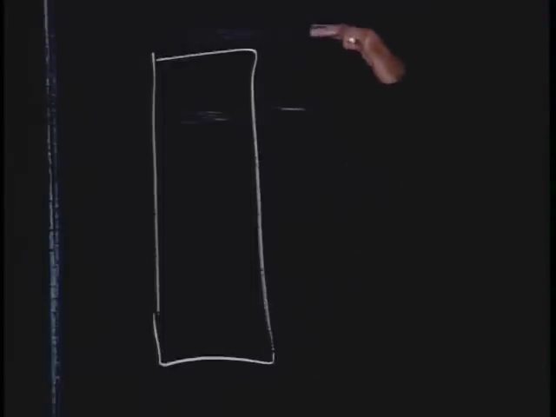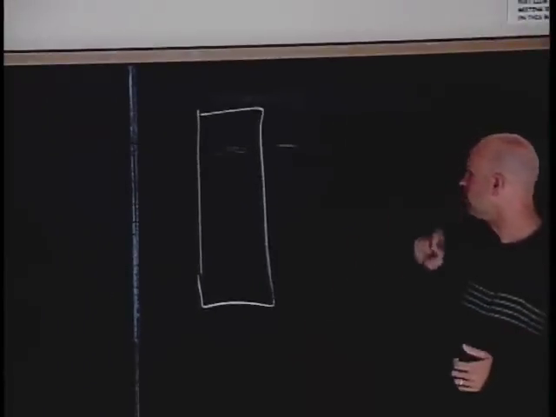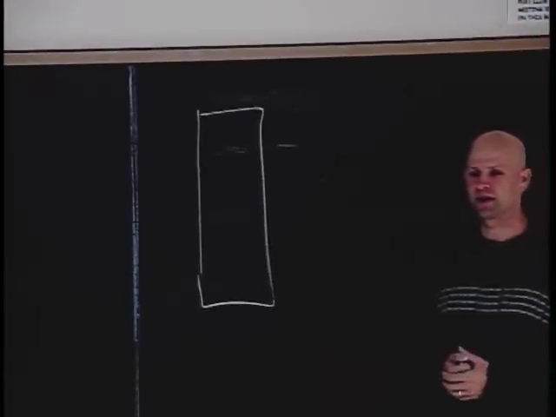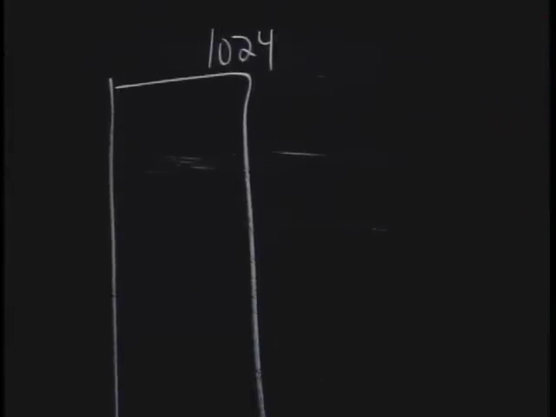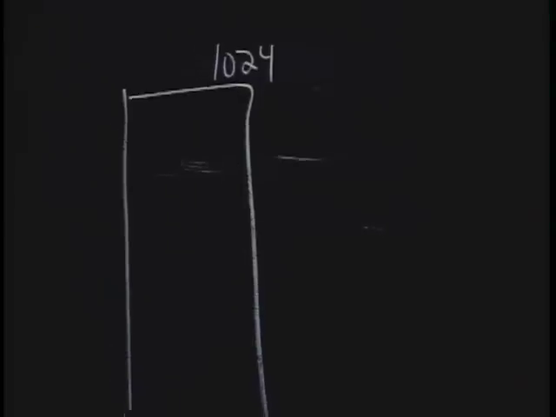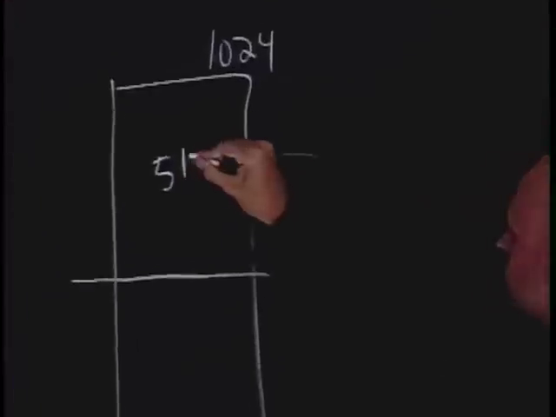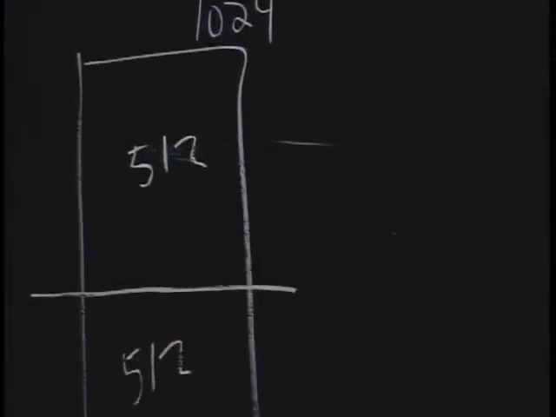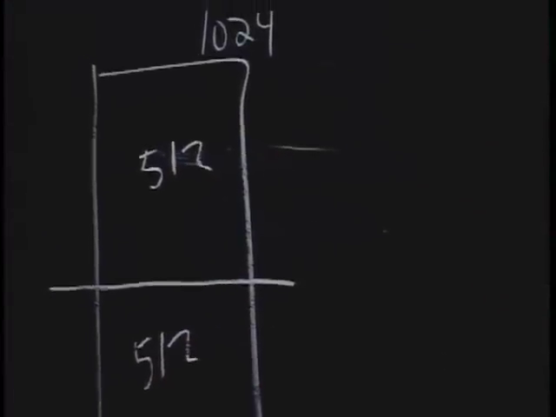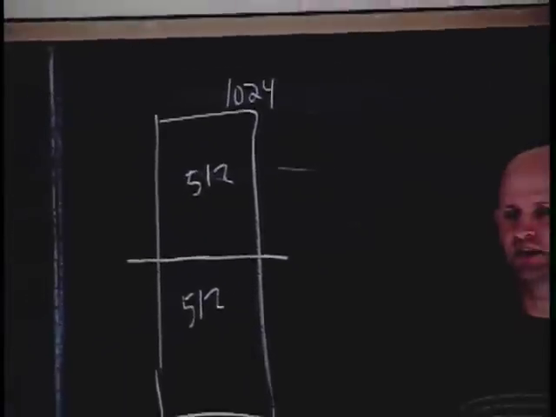So we have all these registers, say 1,024 registers. Now let's say our program requires 512 registers. The hardware will divide that up so that we have 512 registers here and 512 registers here, and we can have 2 threads resident. That's all. Can't have more than 2 threads unless we're going to spill to memory.